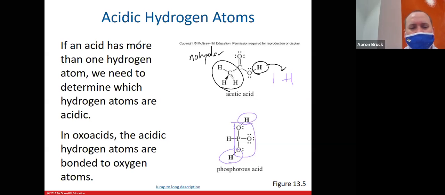And in the case of phosphoric acid, this phosphorus to hydrogen bond is polar, but it's not nearly as polar as the oxygen to hydrogen bonds are. And so in the end, only those 2 hydrogens are actually acidic.